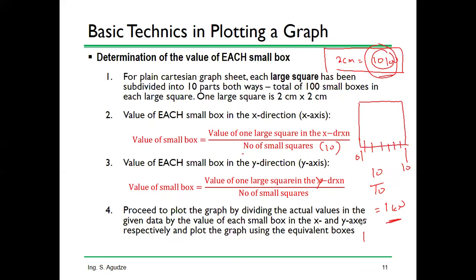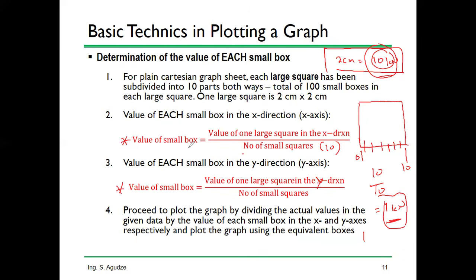And if I take the x direction, I know one small box is equivalent to, let's say, 1 millimeter or 2 millimeter. And that is now your focus for drawing the graph; it will now be these two values you are going to establish. Okay. So after this, you proceed in plotting your graph.